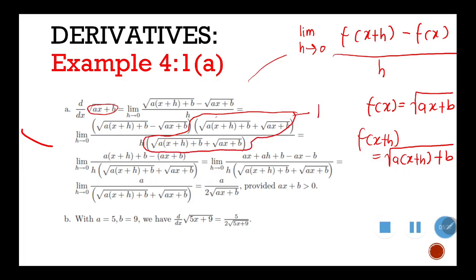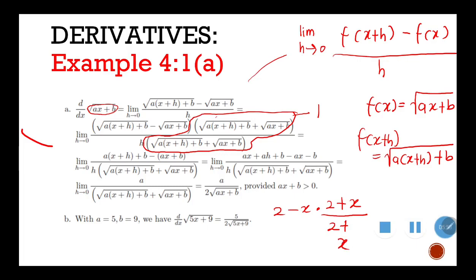For the conjugate, always remember, let's say we have 2 minus x. How to multiply this 2 minus x with its conjugate is we use this. This is the conjugate of 2 minus x, over 2 minus x.